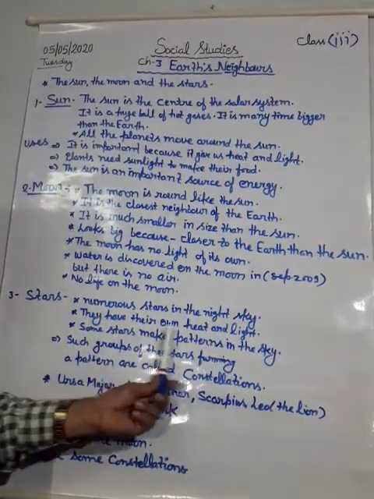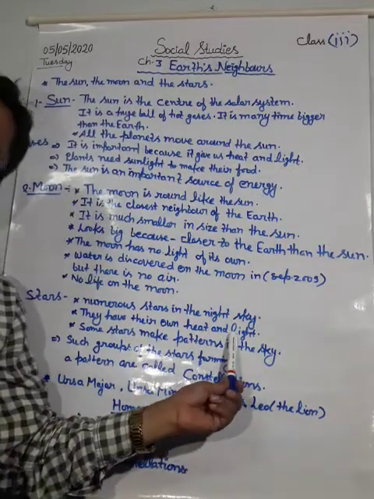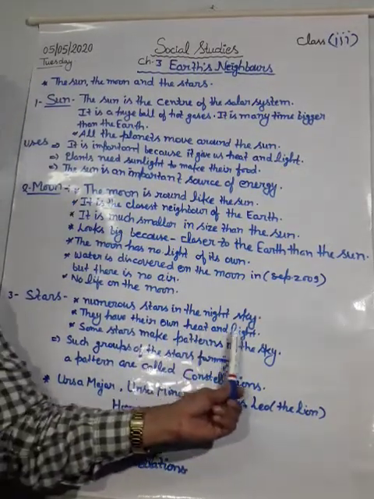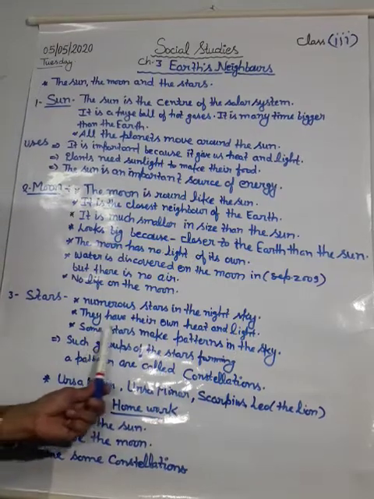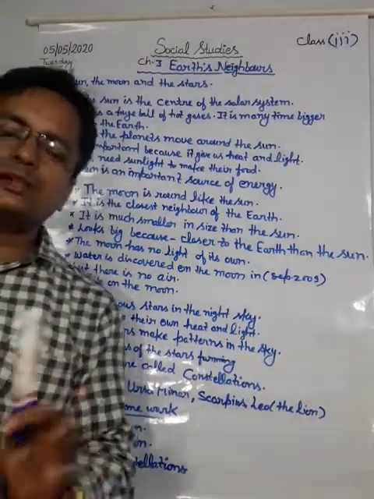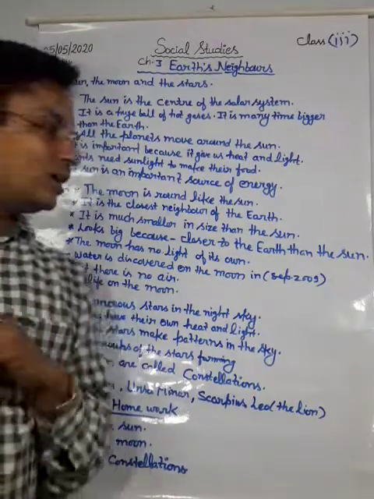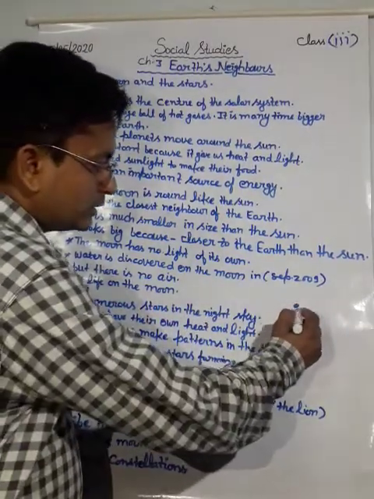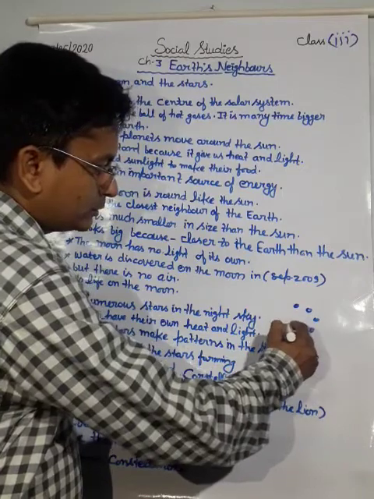Stars have their own heat and light. Some stars make patterns in the sky. Pattern means, beta, a special design.